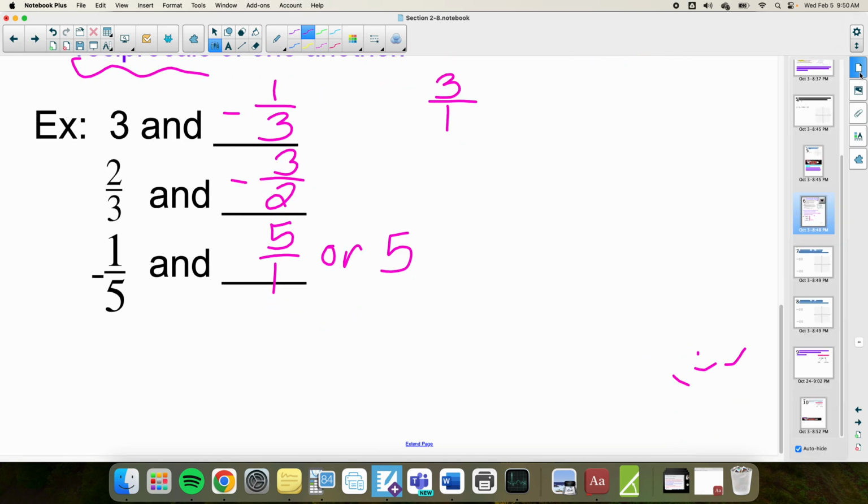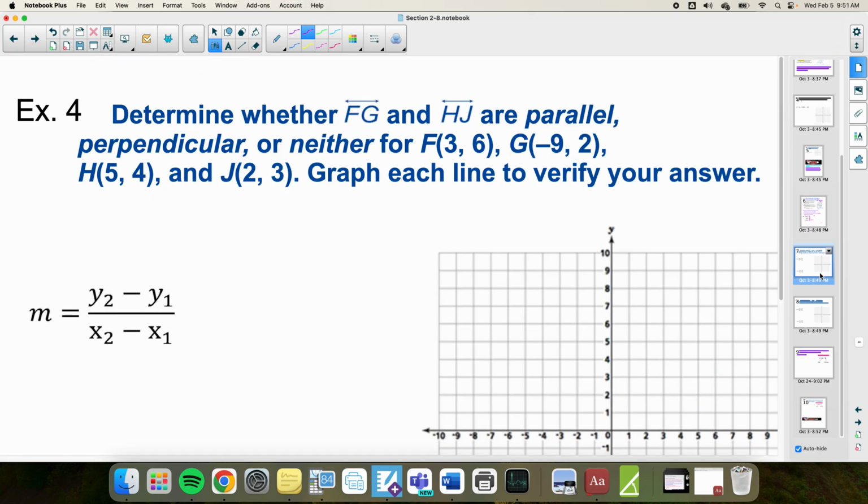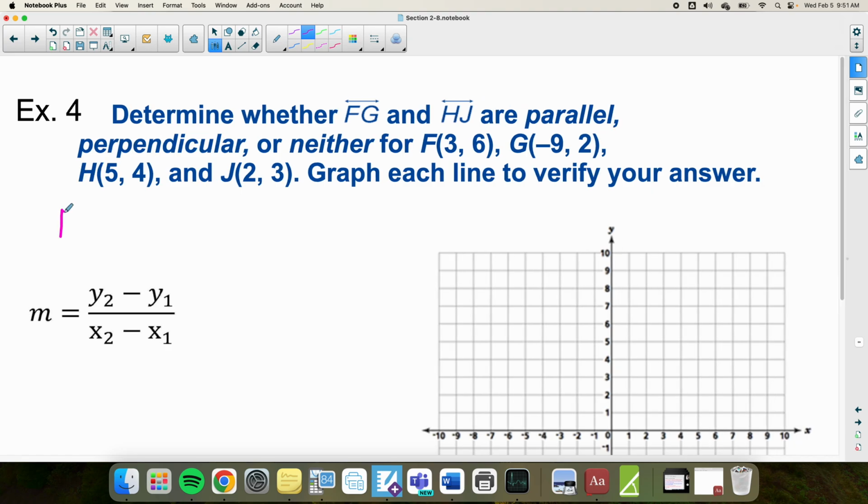Then, if we go to this page, this is what part of your assignment is going to look like today. They're going to give you points F and G and points H and J, and you're going to find their slopes separately. So the first thing I'm going to do is find FG, and they tell me that F is 3, 6, and G is negative 9, 2.